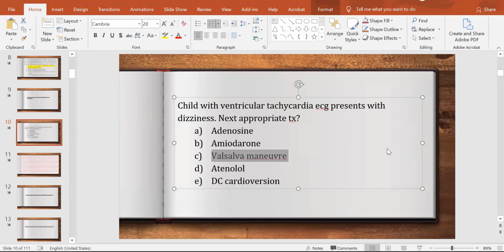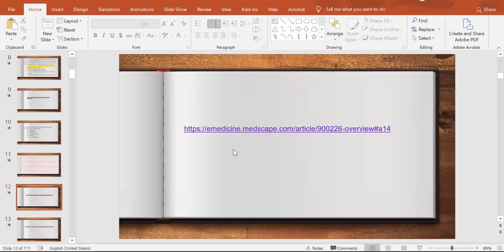So we just don't treat everyone with adenosine. All right, so that's one of the guidelines that we found from eMedicine.